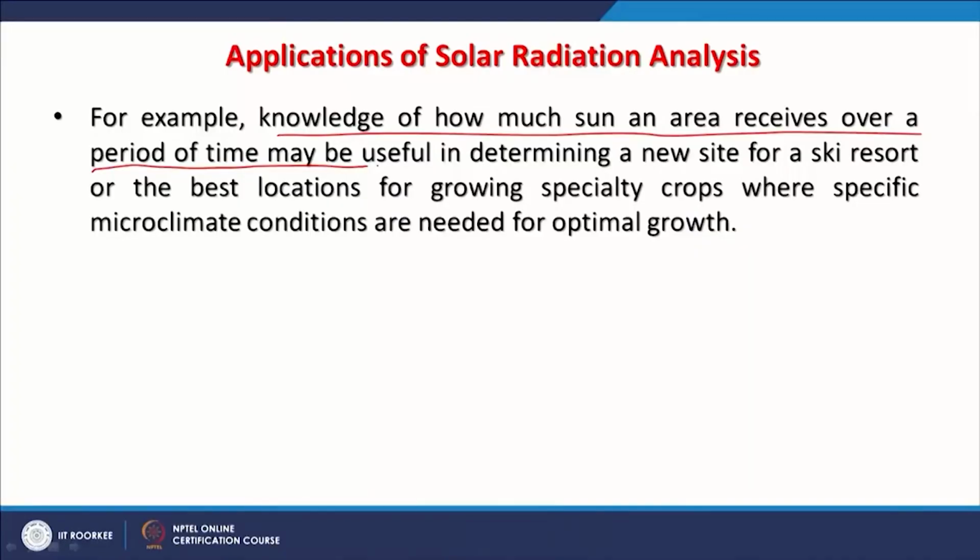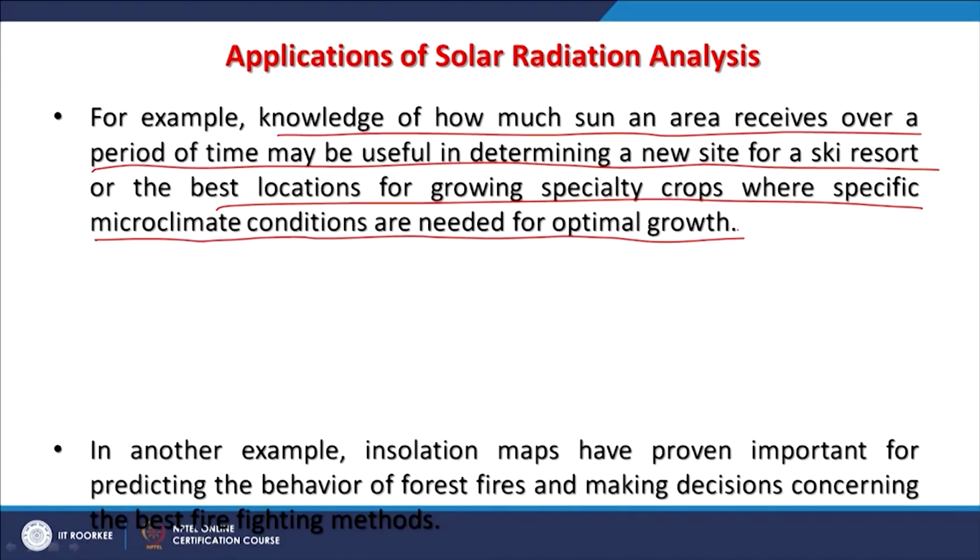Now, knowledge of how much sun an area receives over a period of time may be useful for determining new sites for ski resorts, because how long the snow will remain in that area will also depend on how much sun it receives, and for finding the best locations for growing crops where specified microclimatic conditions are needed for optimal growth.